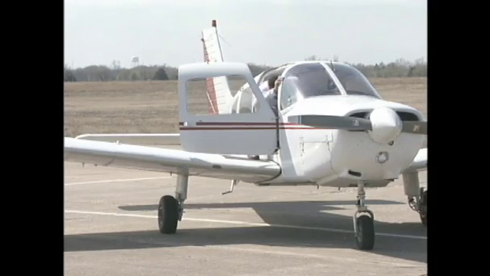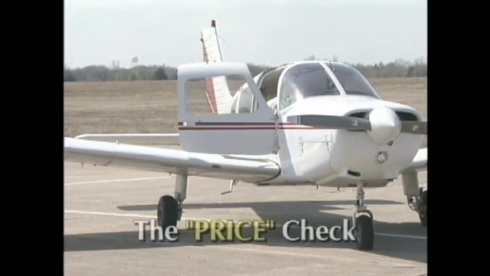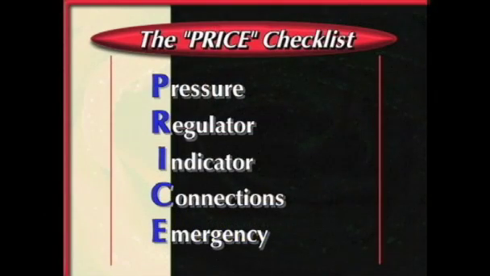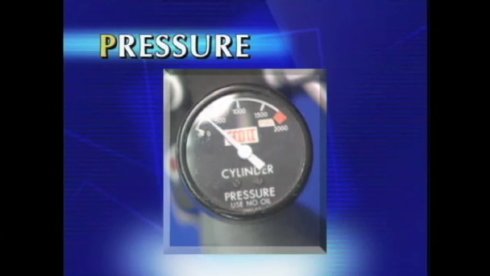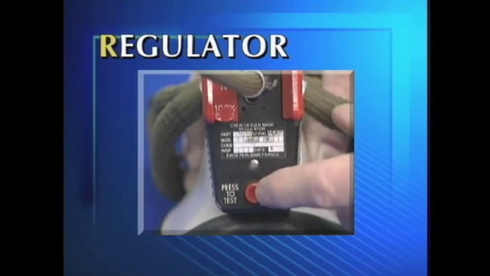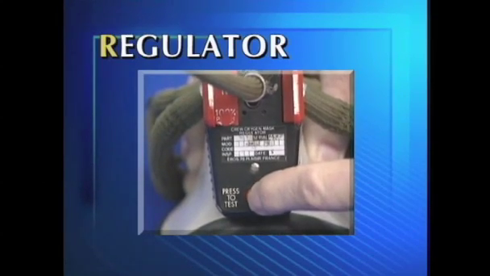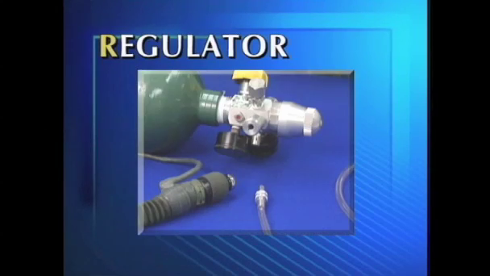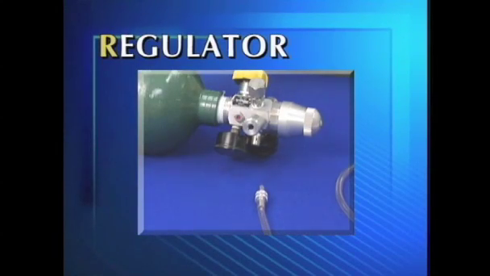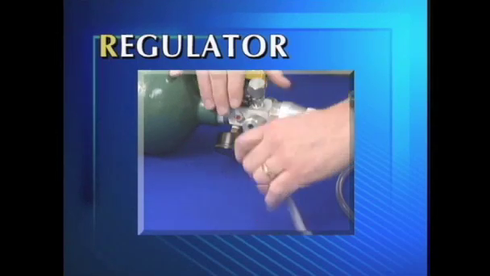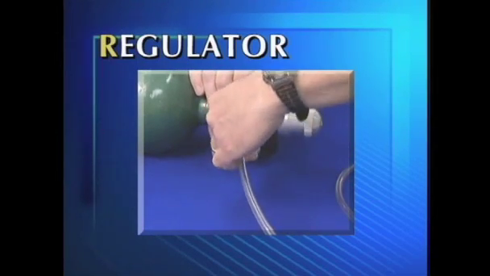Prior to every flight, you should perform the PRICE check. The PRICE is a checklist that helps pilots and crew members inspect oxygen equipment. Pressure. Ensure that there is enough oxygen pressure and quantity to complete the flight. Regulator. Inspect the oxygen regulator for proper function. If you are using a continuous flow system, make sure the outlet assembly and plug-in coupling are compatible.